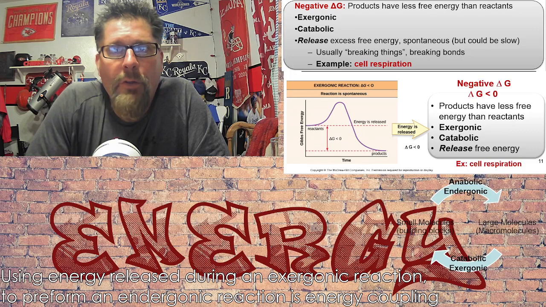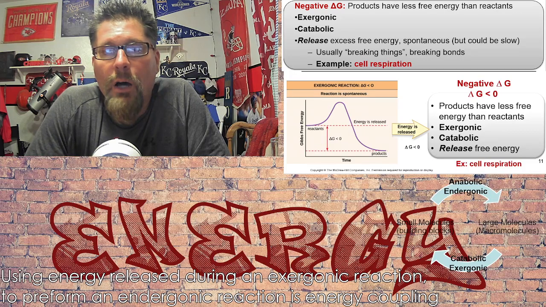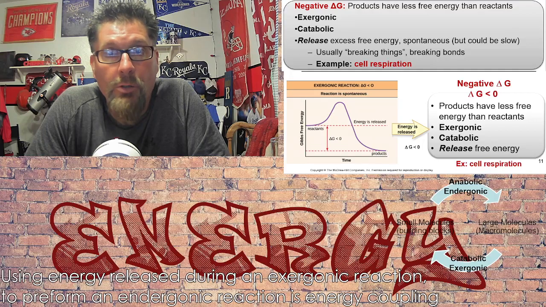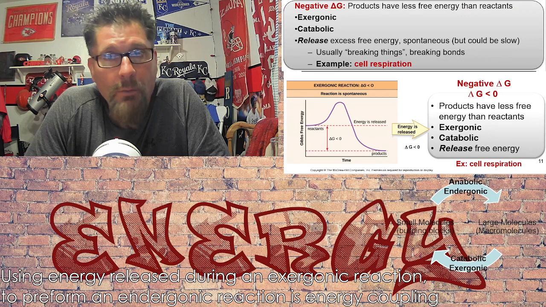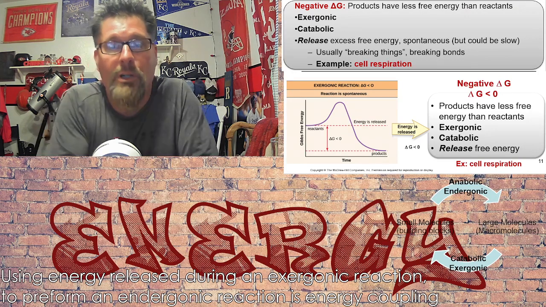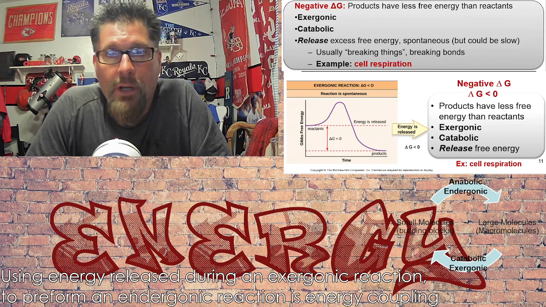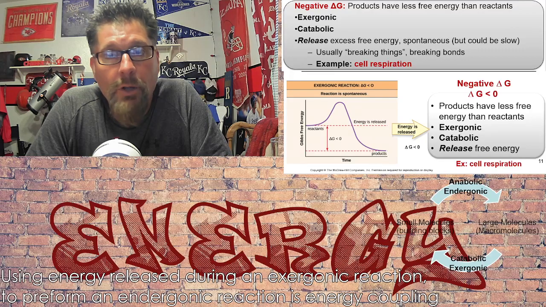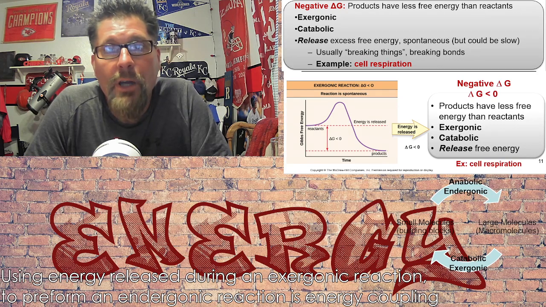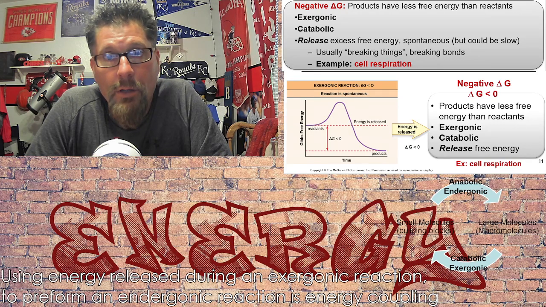So right away, if we think about our words, if we know we're going to release energy, then we know we're breaking apart a molecule. And if we're breaking apart a molecule, based on the words we've familiarized ourselves with, we know that hydrolysis is the process that occurs. We know that energy is released, so we have kinetic energy. We know that it's a catabolic pathway.